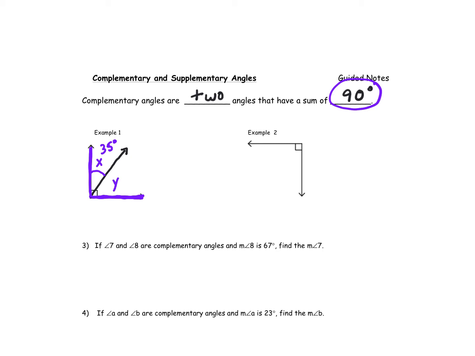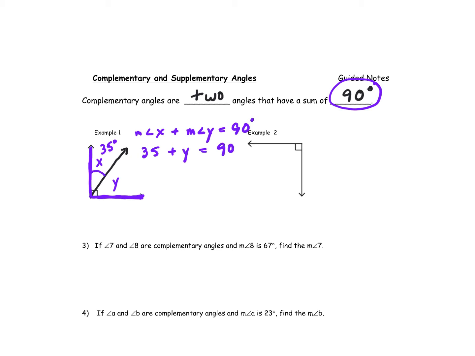We're going to have more parts to deal with. So I'm going to start with angle X, which I know is 35 degrees, and I need to add the measurement of angle Y, which I don't know, so I'm just going to use Y right now. And I do know from the statement that it should equal 90 degrees.